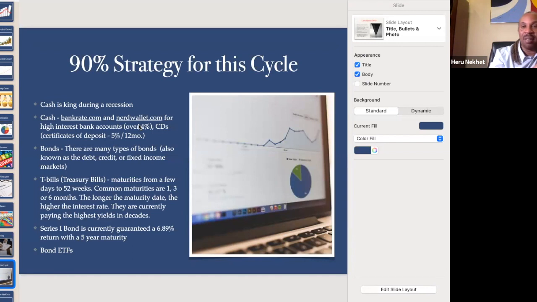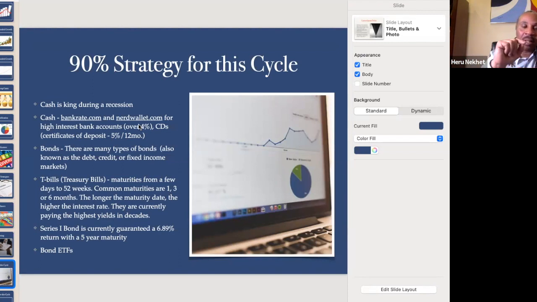Bank account, no limit. You can put it in today, pull it out tomorrow. A CD, 1 year, you got to leave it there to get to maturity. Series I bond, 5 years to get to maturity, but 6.89% annually guaranteed.